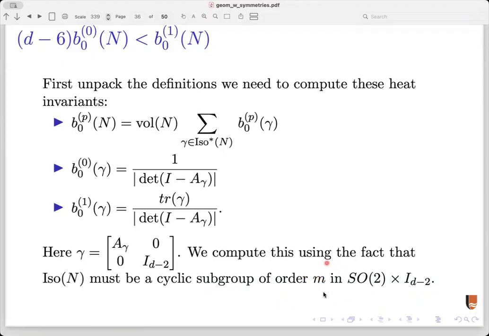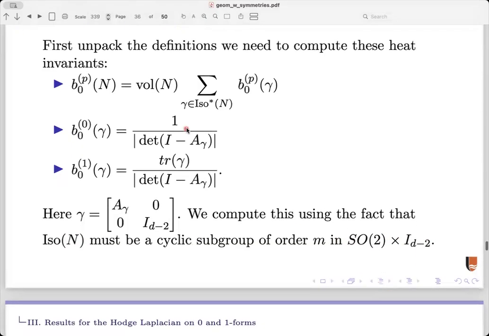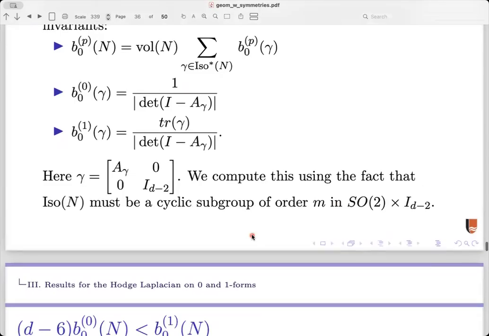So that order m is nice to keep around. So we're saying, again, that the isotropy subgroup here is characterized by a cyclic subgroup with fixed directions. We compute these by taking the determinant of the identity minus this little piece right here and putting that in absolute value in the denominator.